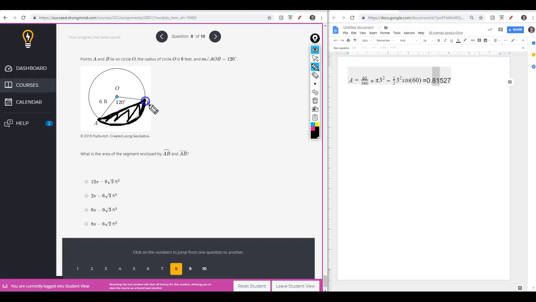So again, we have our formula, and I am actually looking at these right here, and I'm noticing that they have 12 pi minus 9 square roots of 3 feet squared.